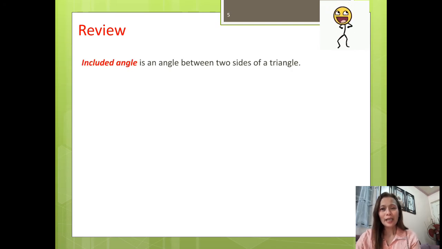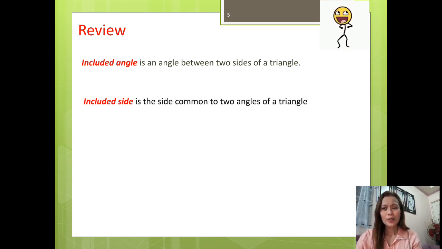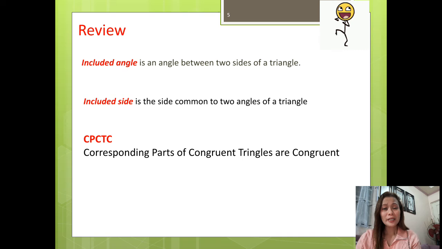It is an angle between 2 sides of a triangle. How about the included side? It is the side common to 2 angles of a triangle. So again, what does CPCTC stand for? CPCTC: corresponding parts of congruent triangles are congruent.